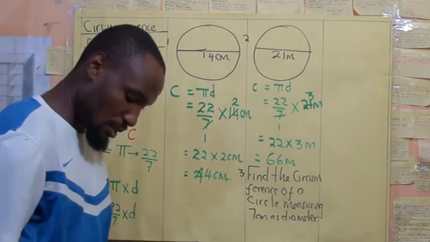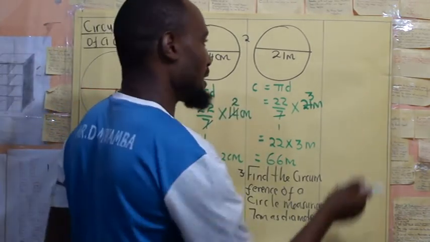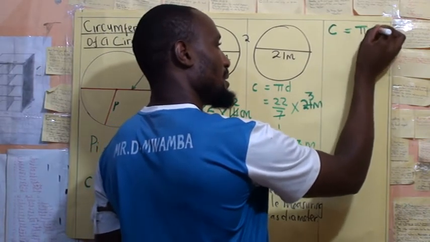It is a direct question. They just need you to calculate the circumference, and you know circumference C is equal to pi d.